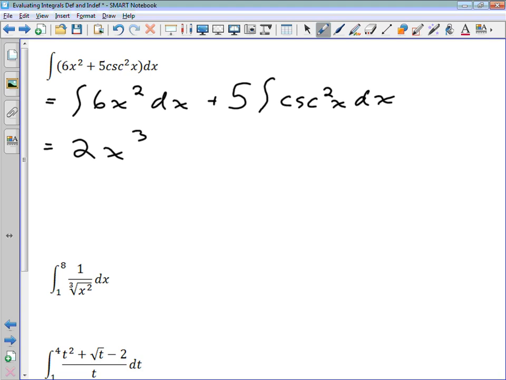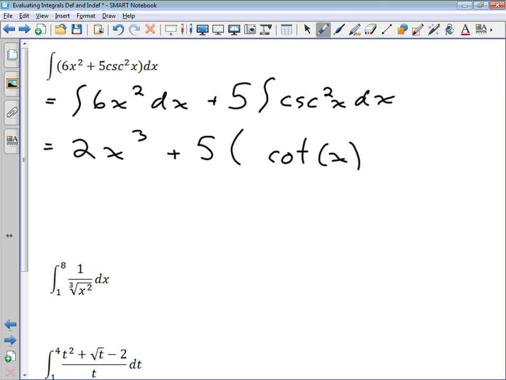Now, what about the antiderivative of cosecant squared? It is not tan x, I don't think. It's not tan, but it's cotan.